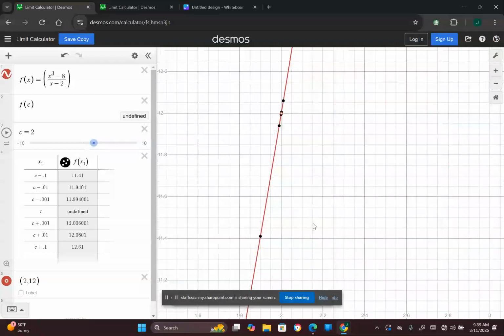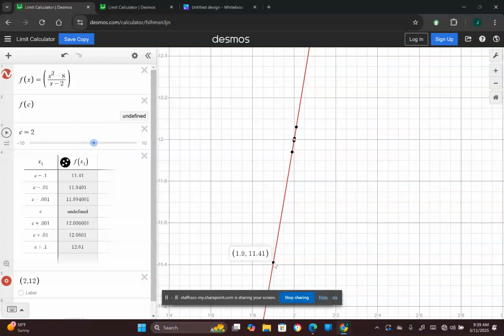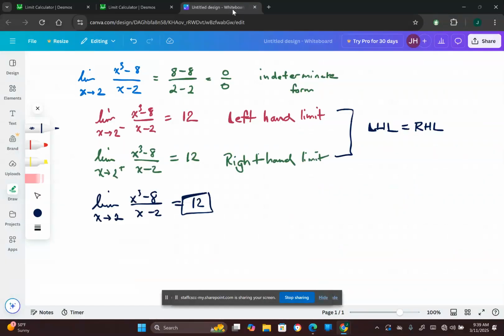Here is 0.1 away, 0.01 away, and right here is 1/1000th of a unit away. And you can tell those y values are getting closer and closer to 12. So just like I wrote here in red, it looks like the limit as x approaches 2 from the negative side is actually 12.